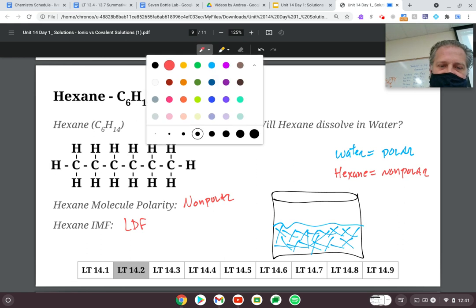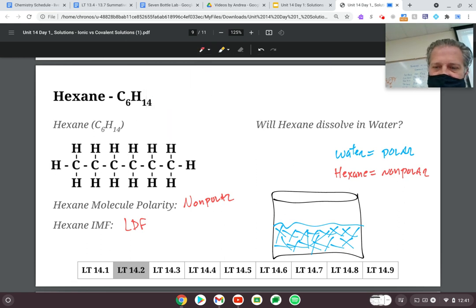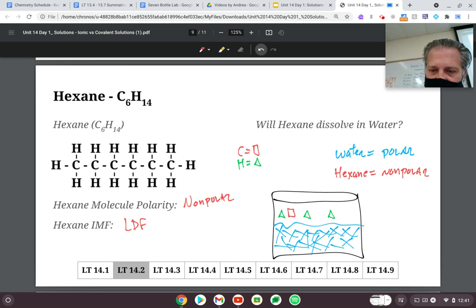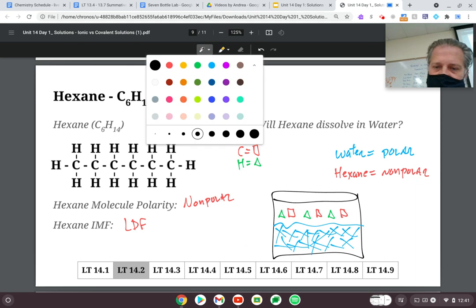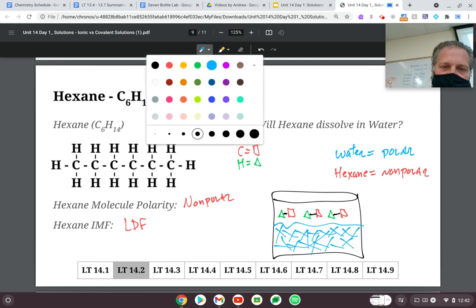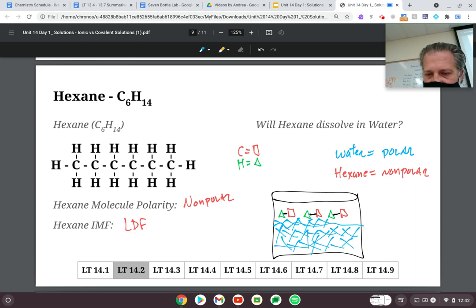And on top of it, I'm going to have hexane, where C is a square, H is a triangle, and they're just kind of sitting on top of the water. Like, that's kind of it. They can touch, so maybe I should make my water a little bit better so it looks like they're sitting.